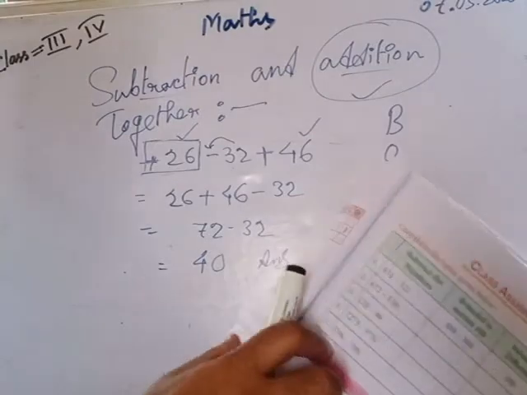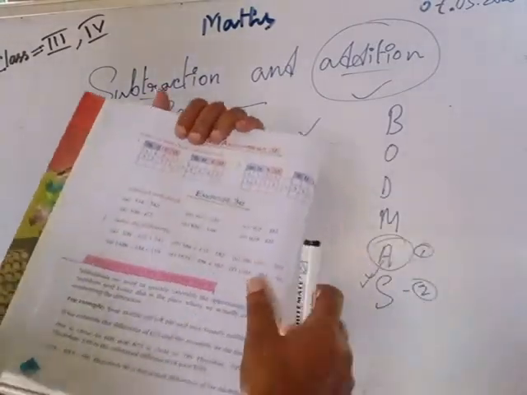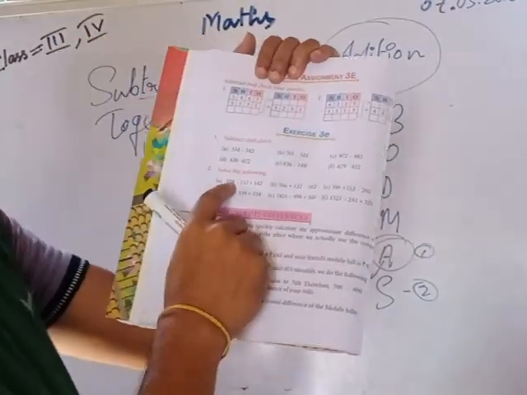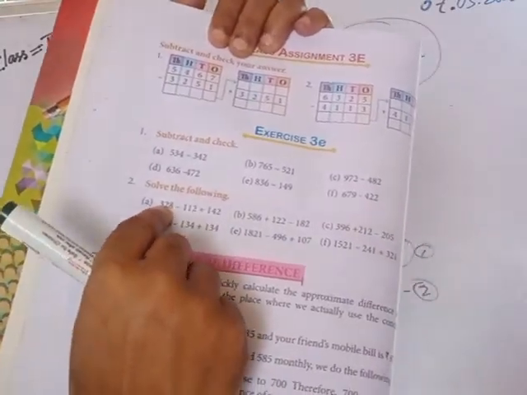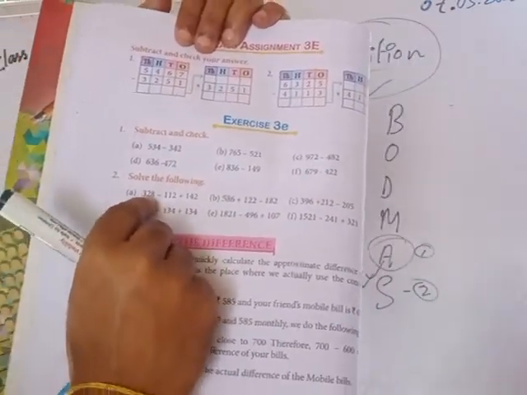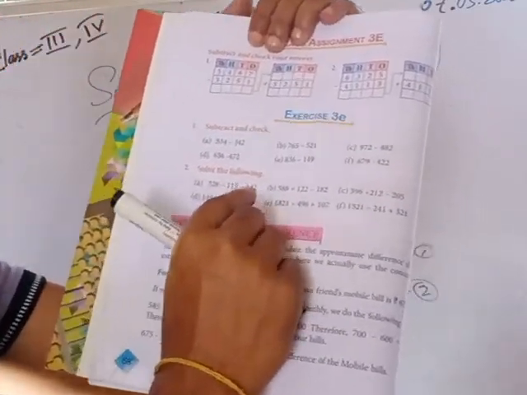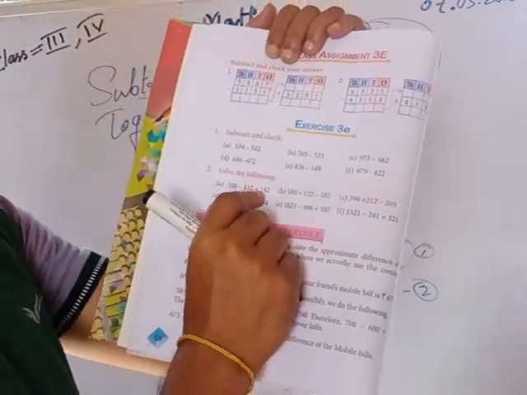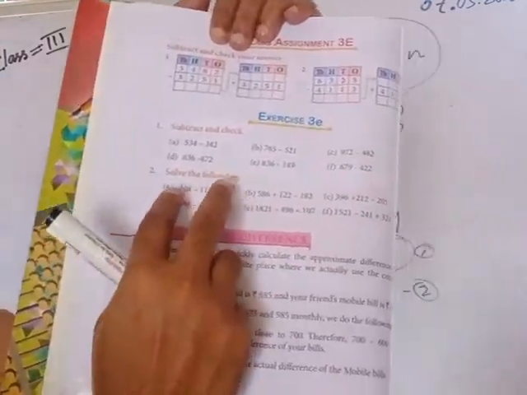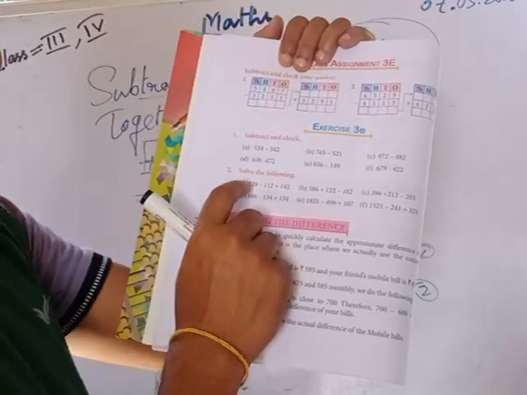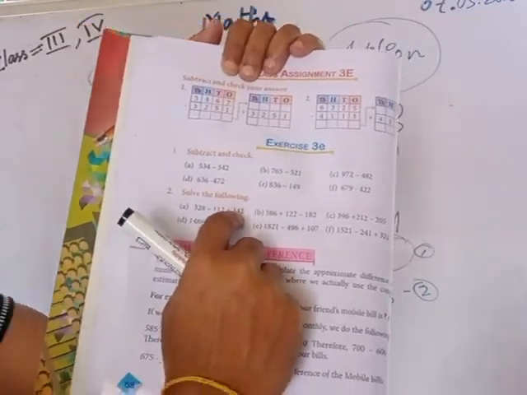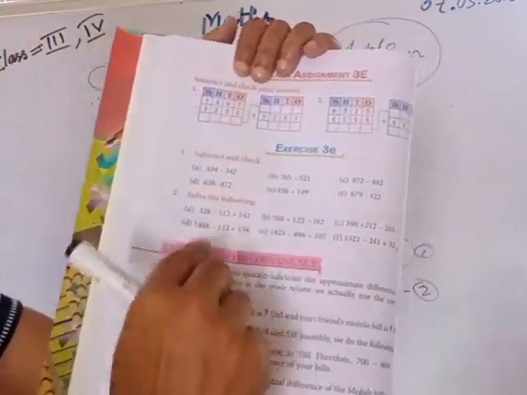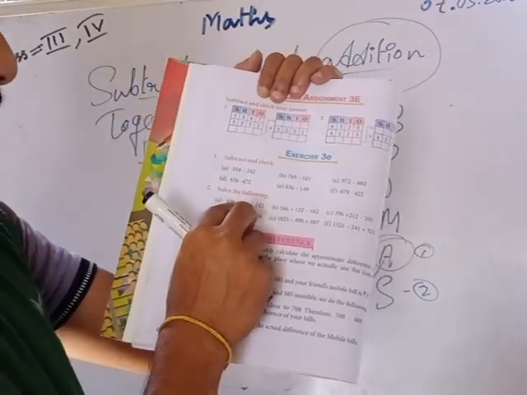Suppose like this, so many examples over here. You should add these two numbers, 328 because the previous sign of 328 is plus, and also 142, the previous sign of 142 is plus. So we should add 328 and 142. After that you should subtract 112 from the result.